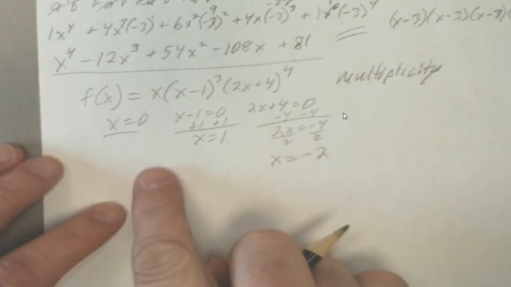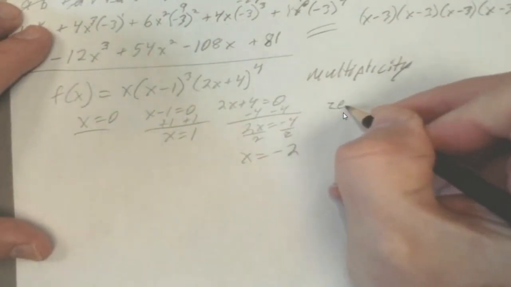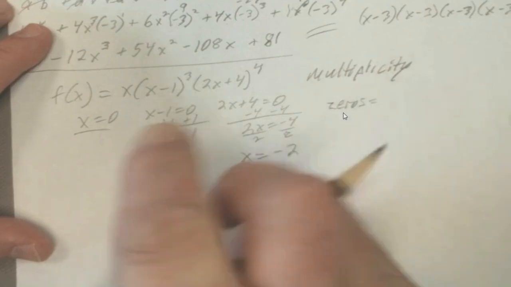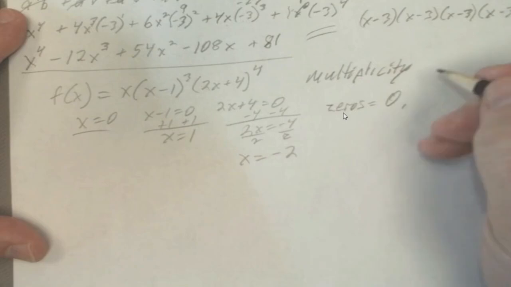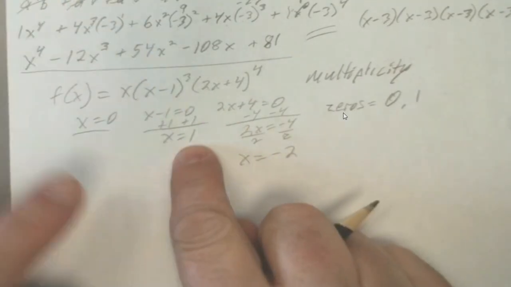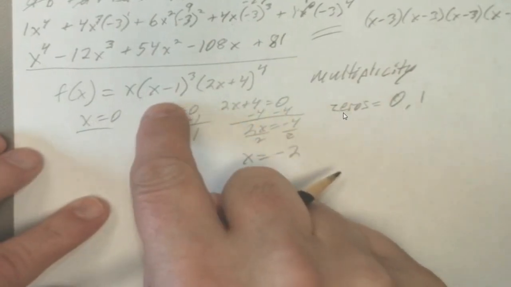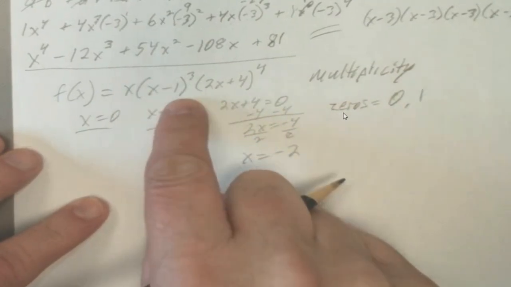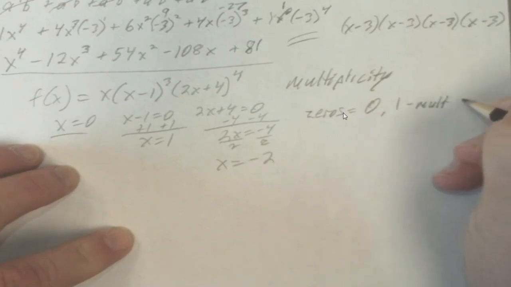So if it wants to know what's the zeros and their multiplicity, the zeros are 0 is one of them. 1 has a multiplicity of 3 because there are 3 of these: x minus 1 times x minus 1 times x minus 1. Multiplicity of 3.